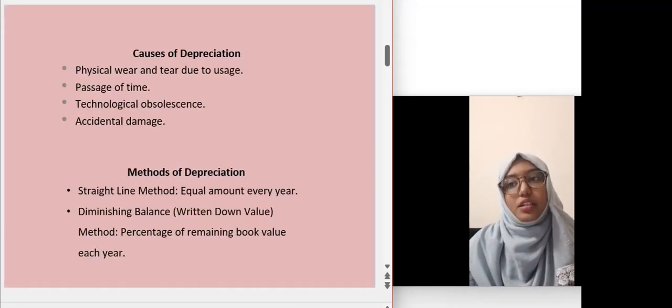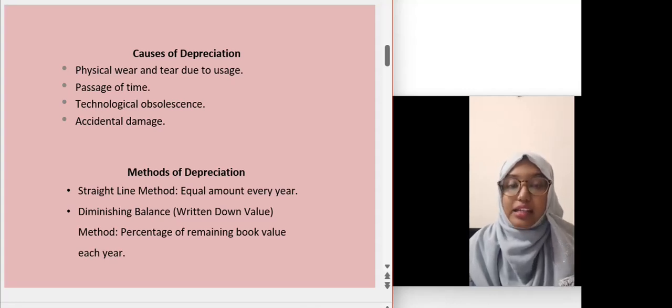What causes depreciation? It is caused by physical wear and tear due to usage, passage of time, technological obsolescence and accidental damages. These are the reasons why depreciation has to be calculated for every asset that is put into use in a business, and there are different methods to calculate it.